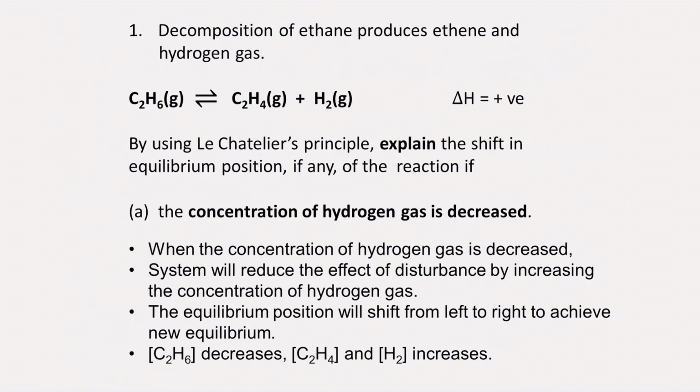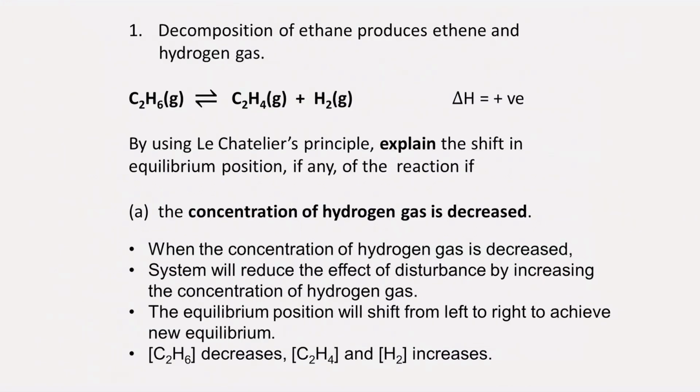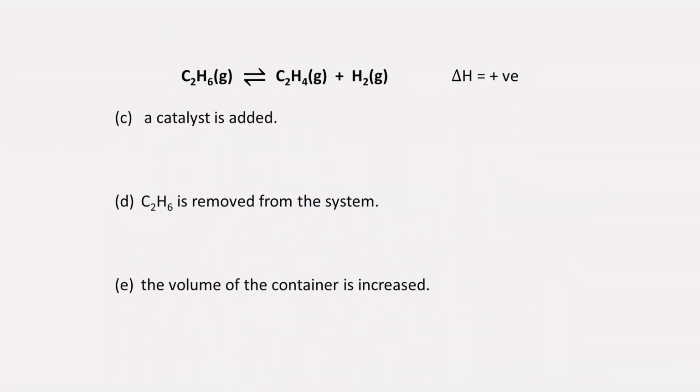Alright, the first one, I think you can read on your own. Let's look at C, D, E and so on. So, for this reaction, using Le Chatelier's principle, explain the shift in equilibrium position, if any, of the reaction. If a catalyst is added, okay guys, what does the catalyst do?